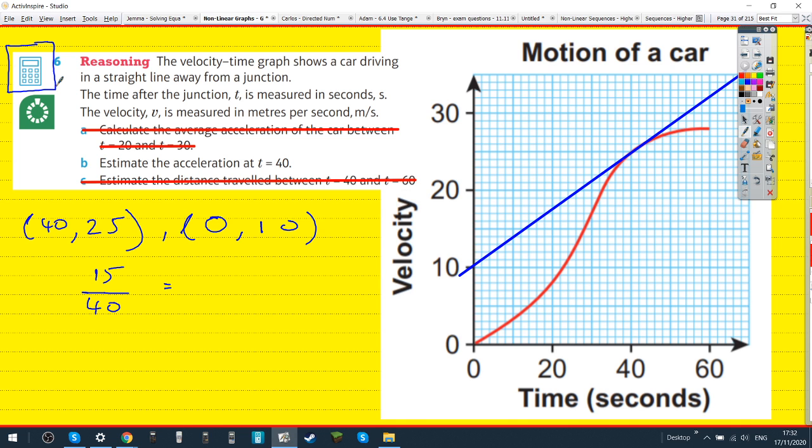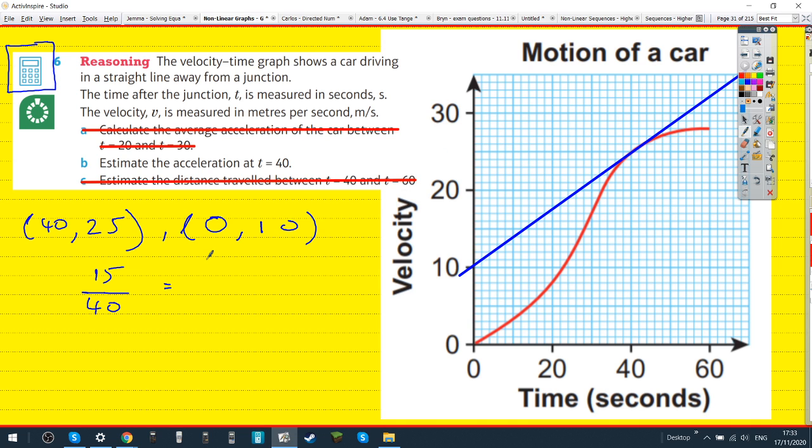Okay. So let me get my calculator. So 15 over 40. 0.375.